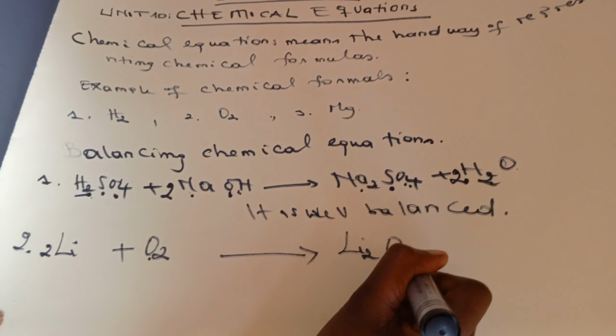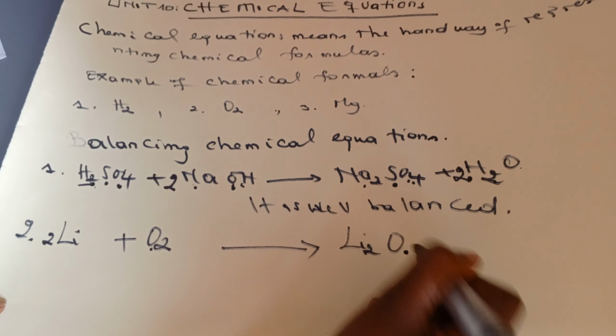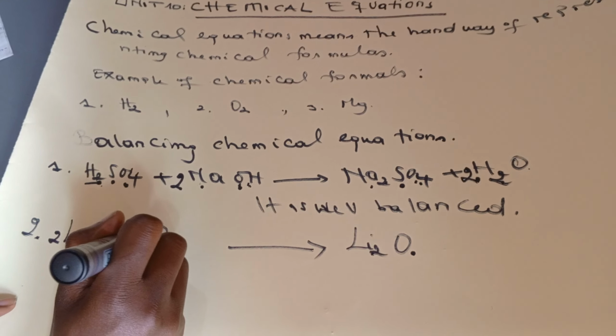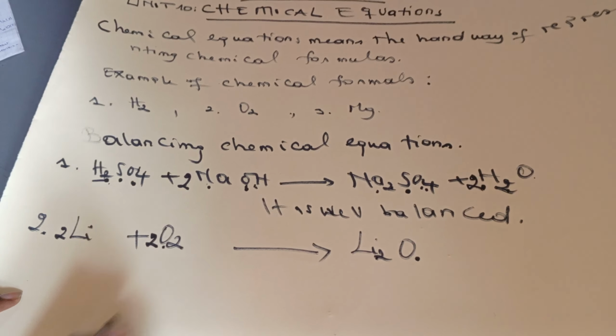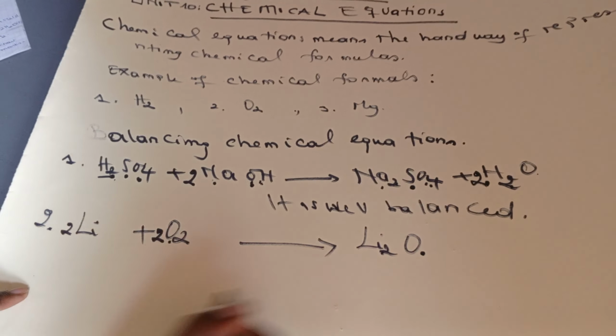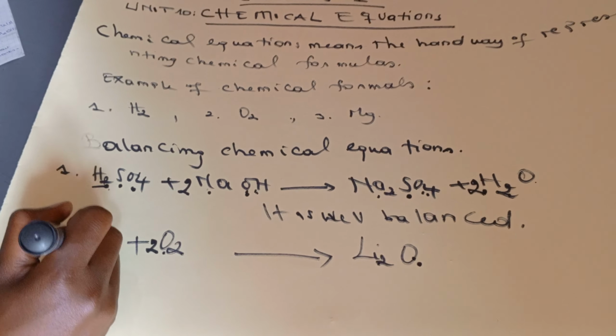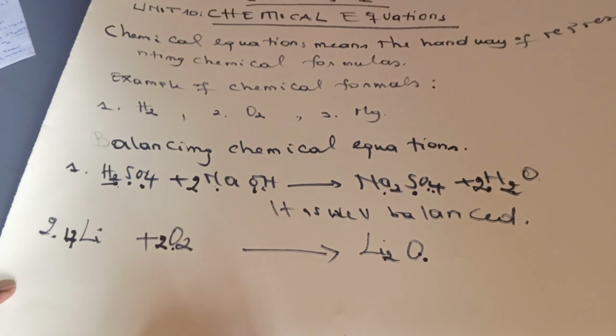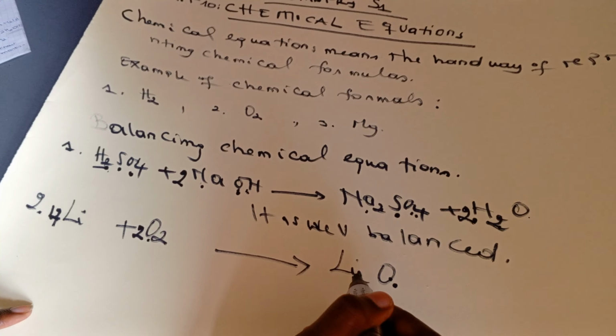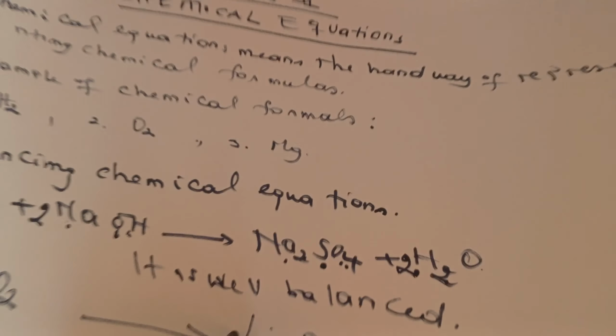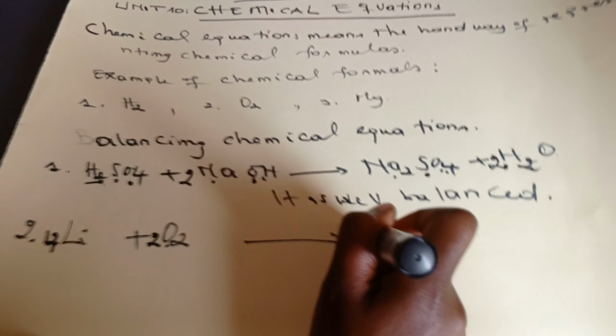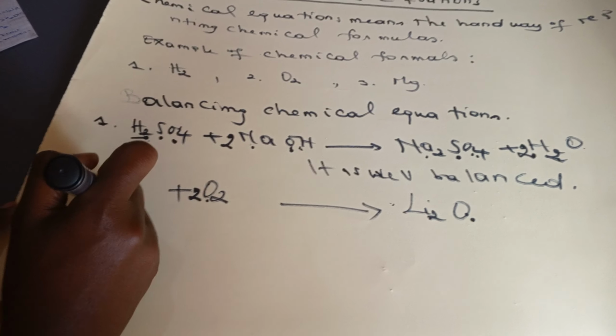We need another oxygen here. When we put 2 here, the oxygen is 4. So here we can put 4 lithium, and here I can put 8.